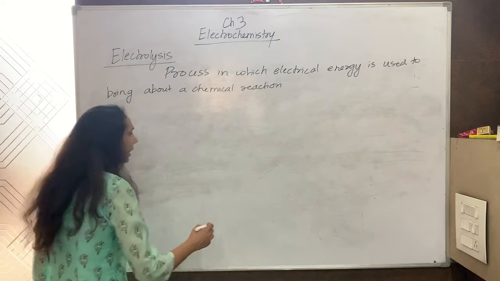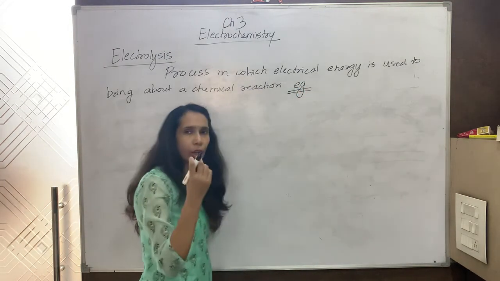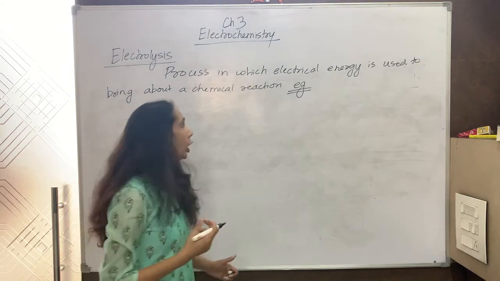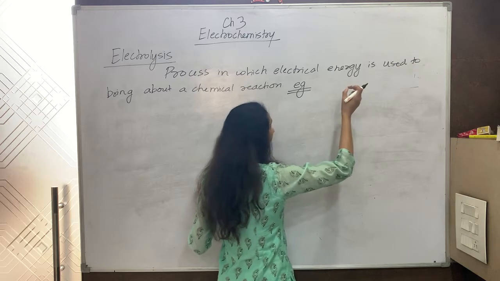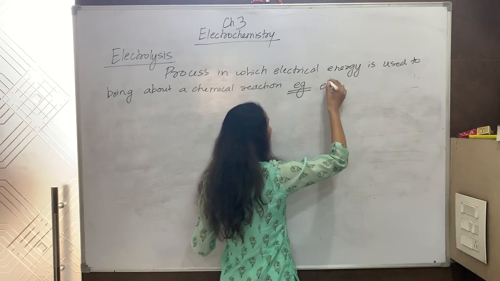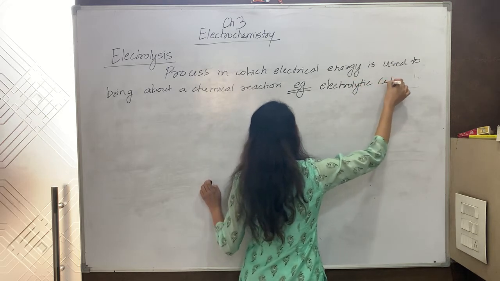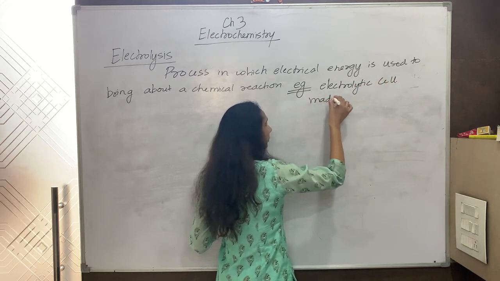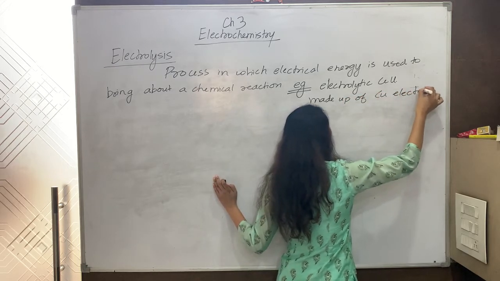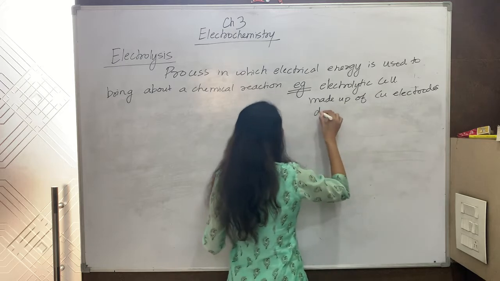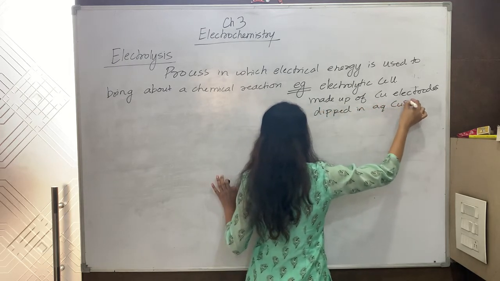Now we will take a very simple example of electrolysis just to understand the process. We are taking up an electrolytic cell made up of copper electrodes, that means both cathode and anode are of copper, dipped in aqueous copper sulfate solution.